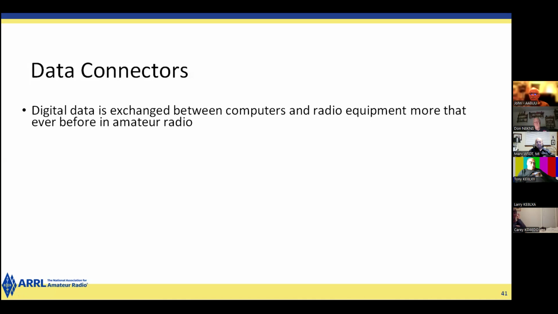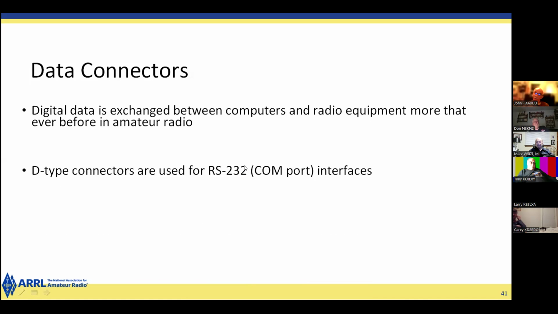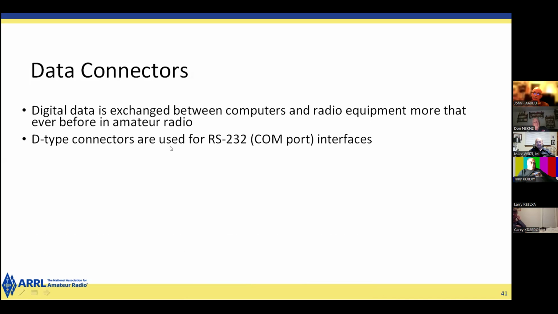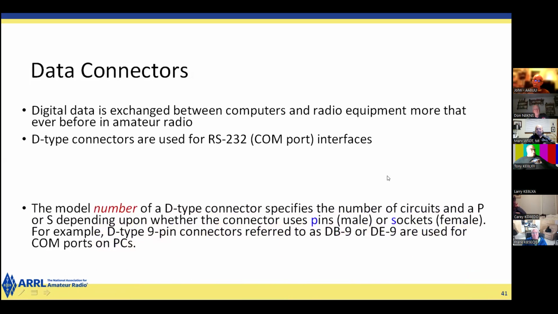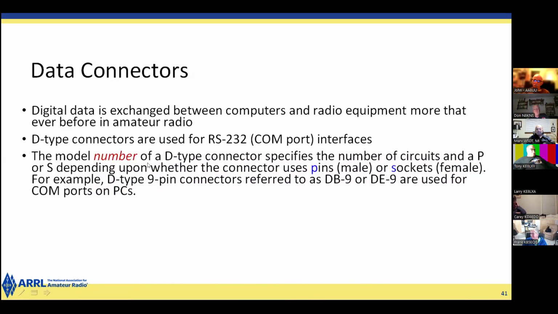Digital data is exchanged between computers and radio equipment more than ever before in ham radio, amateur radio, excuse me. D-type connectors are used for RS-232 COM port interfaces. You remember RS-232, anyone? The model number of the D connector specifies the number of circuits and a P or S depending on whether the connector uses pins or sockets.